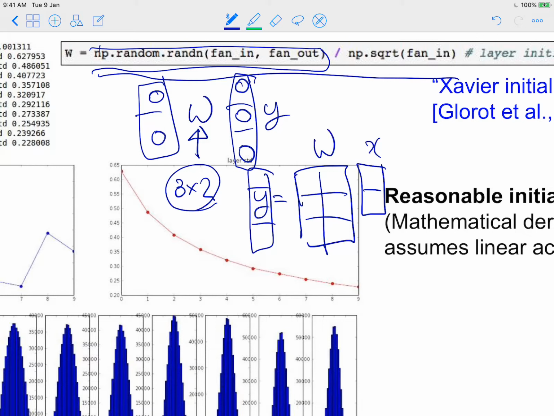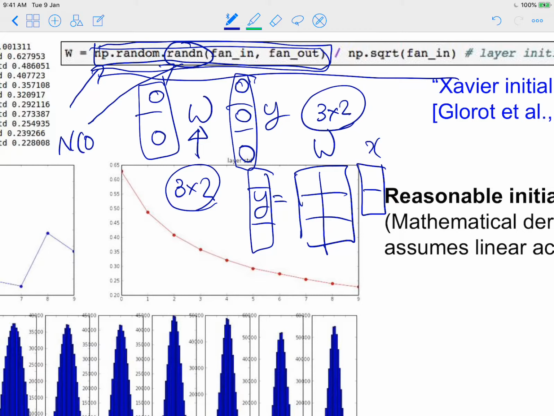So this part is randomly initializing this whole matrix of 3 by 2 size, okay? But when using this randn, it is sampling, or generating samples, from a normal distribution that has zero mean and unit variance, or standard deviation, right?